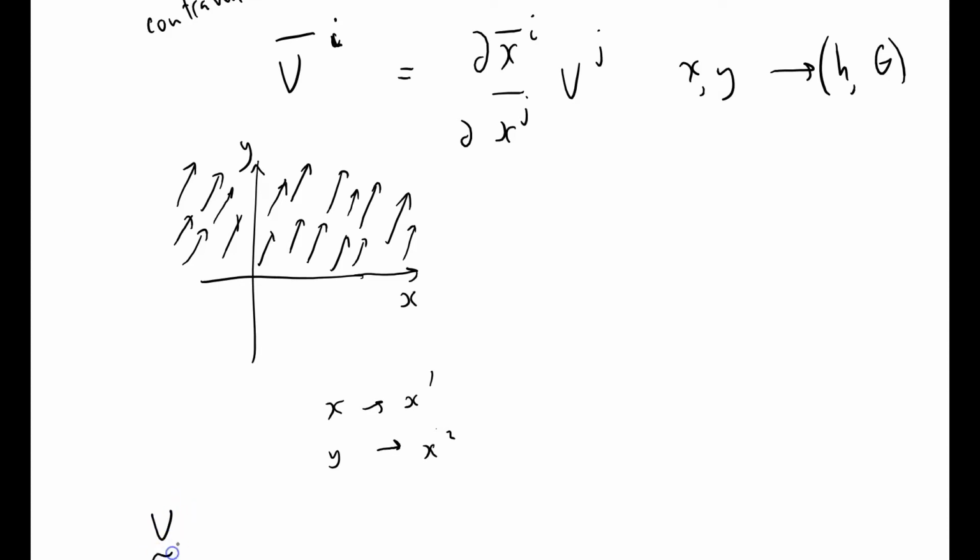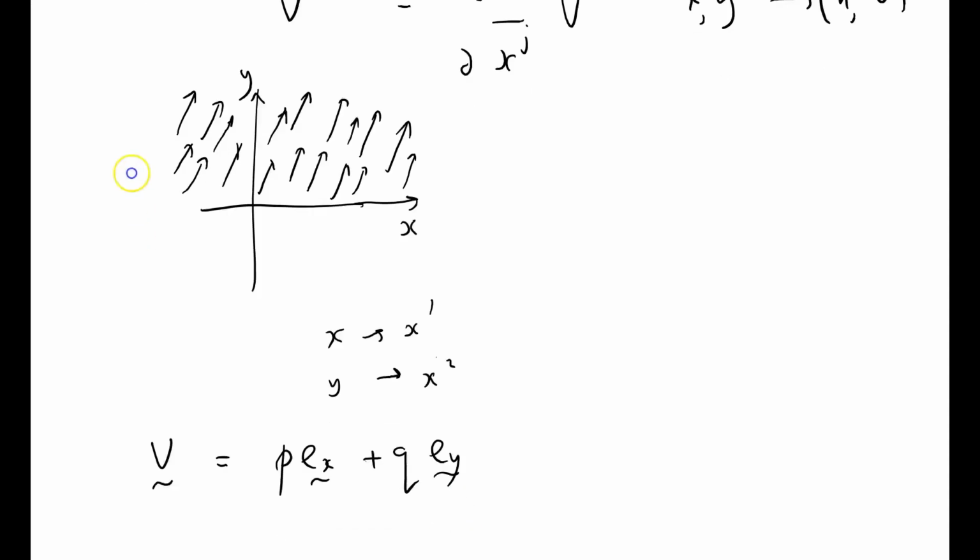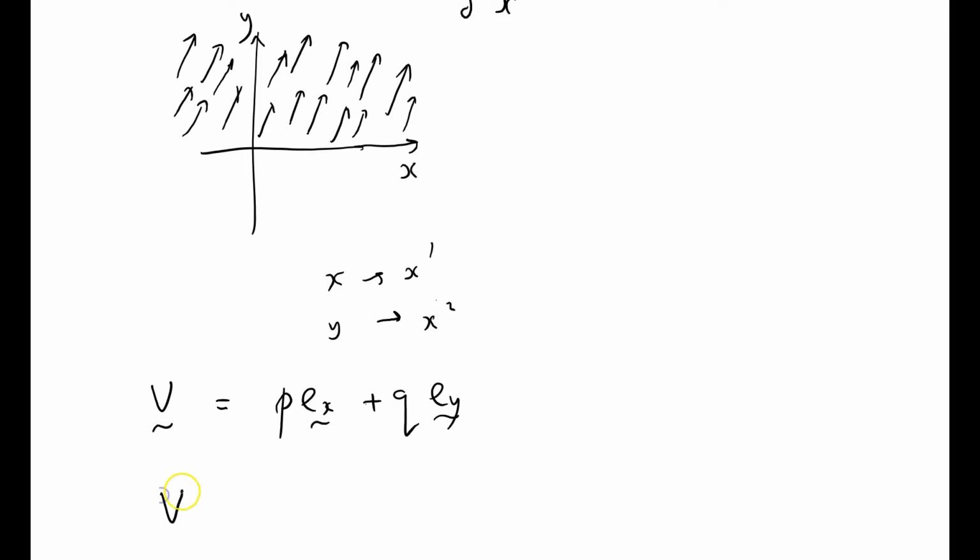We've got our vector v, which is going to be equal to, let's say, p times e x for the horizontal component, plus q e y for the vertical component. So I might write that down as V1 E1 plus V2 E2. So we're getting an Einstein summation convention in here like this.